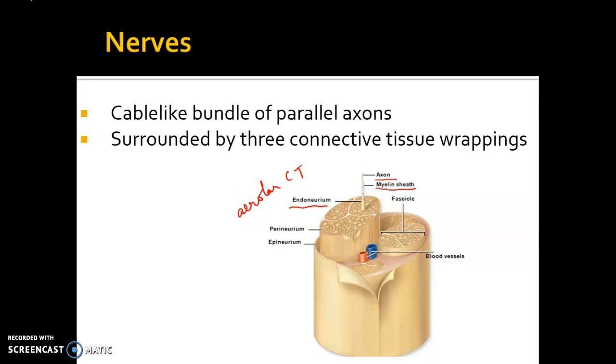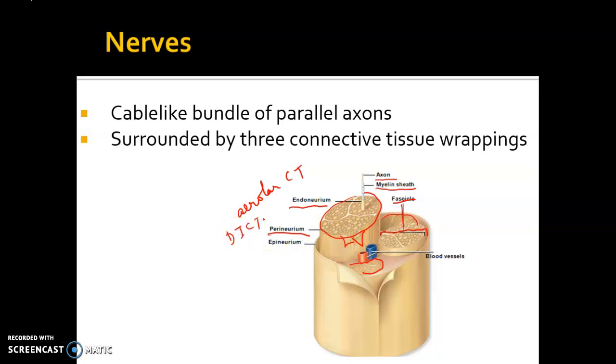Okay, a group of axons are bundled together as a fascicle, as we see. So this is a fascicle. This is another fascicle. This is another fascicle, and this is another fascicle, right? So if you look at a fascicle, that remains surrounded by perineurium, which is made up of dense irregular connective tissue.